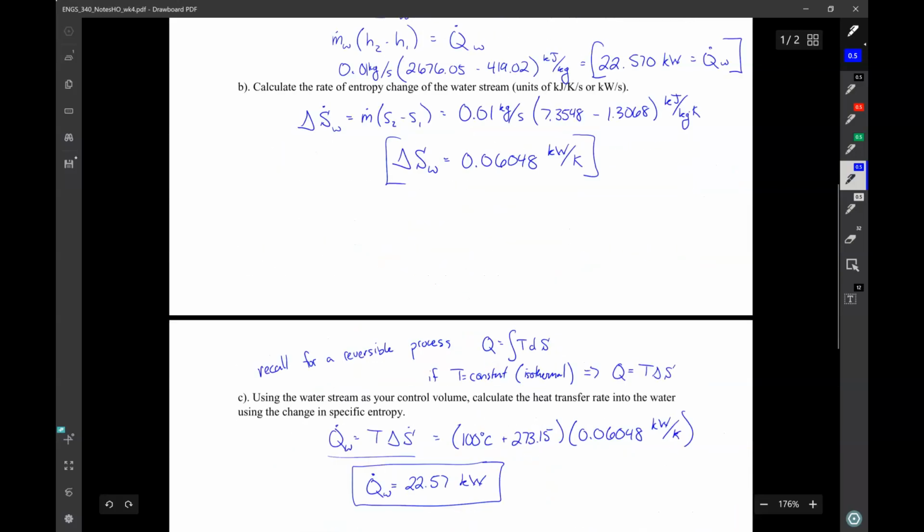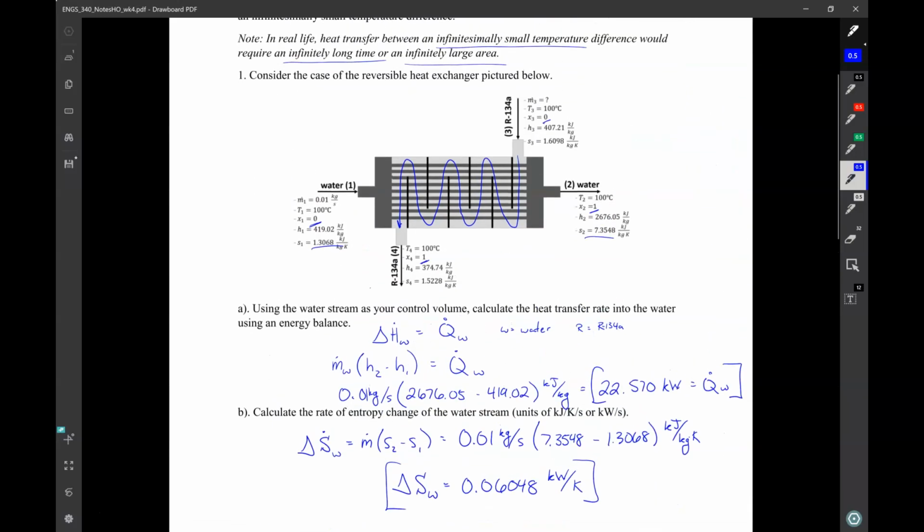Hopefully this explains or helps you think about a little bit what we mean by a reversible process and specifically a reversible heat exchange. Right, a reversible heat exchange, if we think of temperature on this axis, if we have T1 and T2, Q flows that way. Delta S would not be equal to 0, so this would be not reversible.